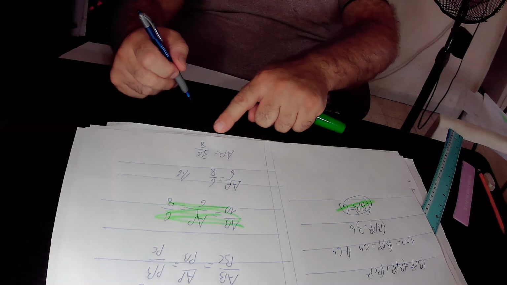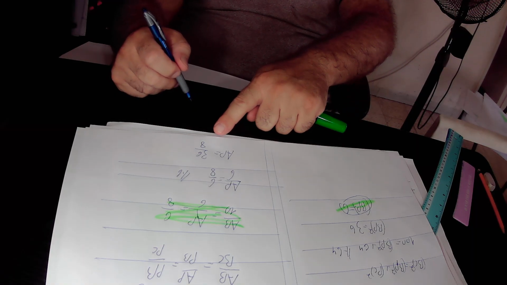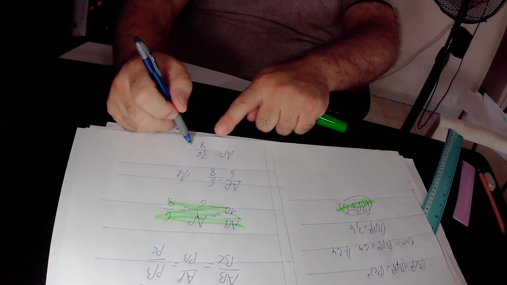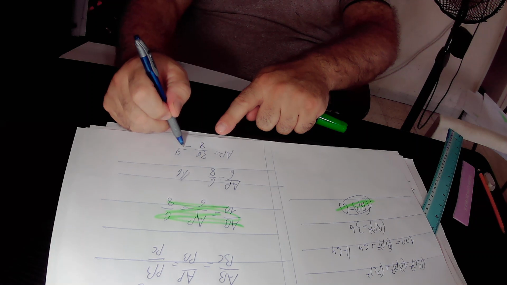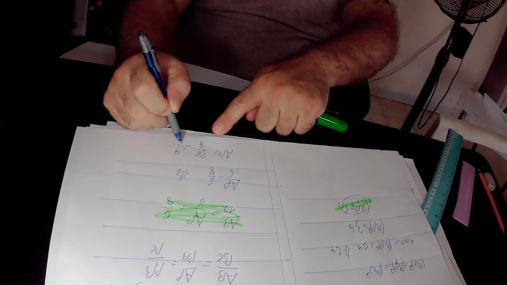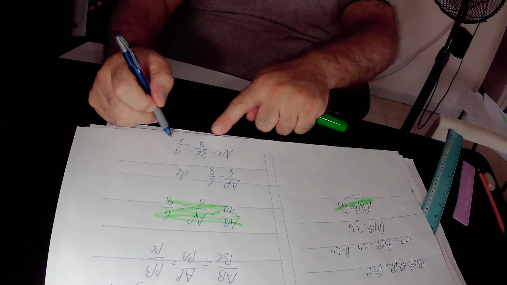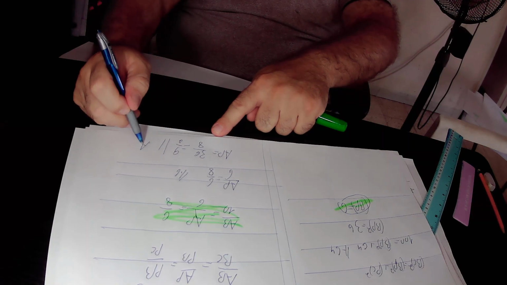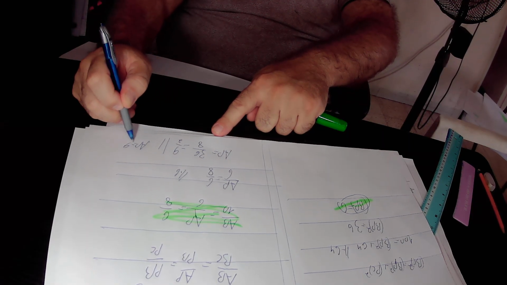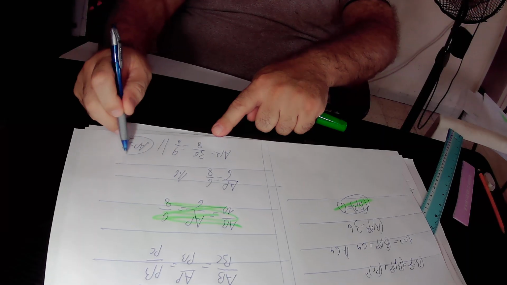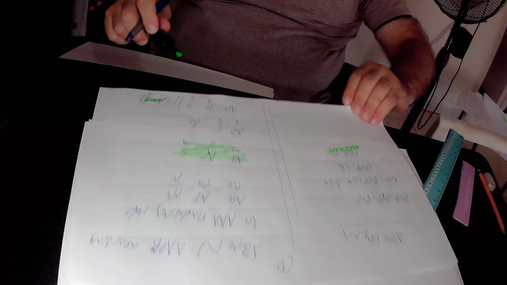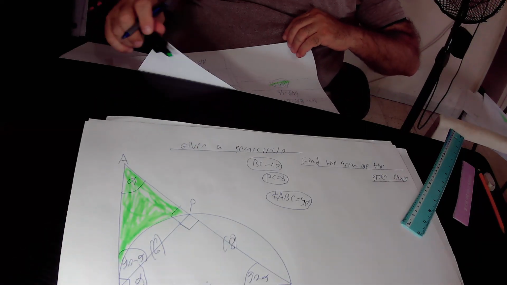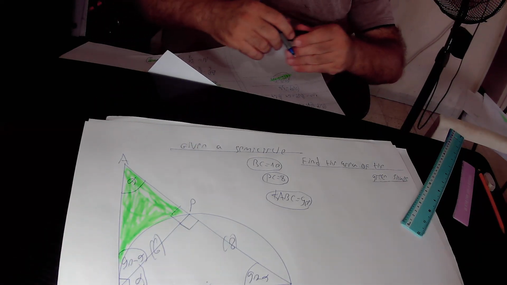Here we divide both the numerator and the denominator of this number by 4, and we get that 36 over 4 is 9, and 8 over 4 is 2. So in total, we found out that AP equals 9 halves. Again, AP equals 9 halves. So this is side AP, equal to 9 halves.